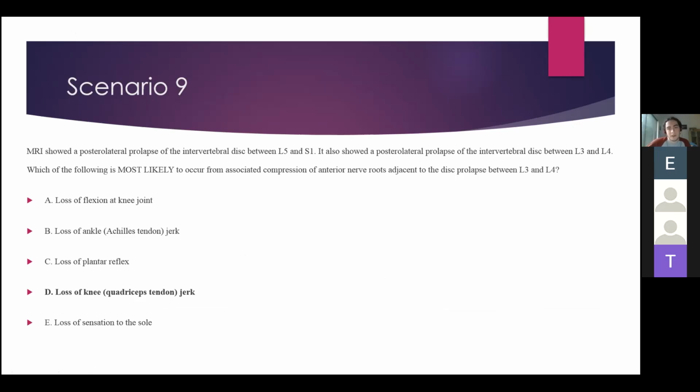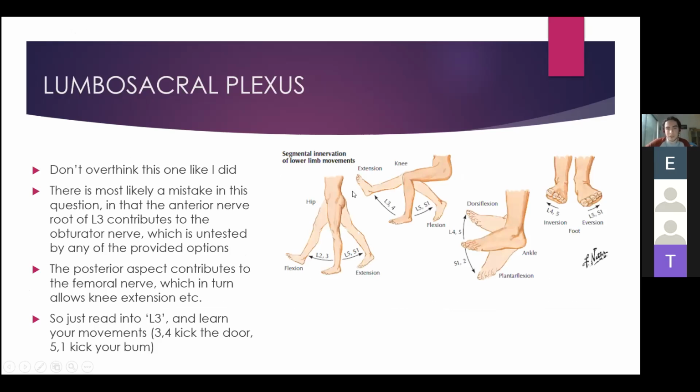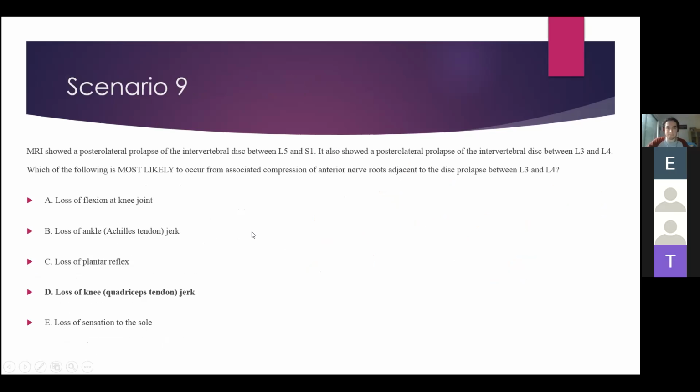So this one, again, is your lumbosacral plexus and your myotomes. When I was trying to do it, I spent way too long on it, and tried to go into all the nerve root anatomy and ended up confusing myself. I think they basically just want you to say it's an L3 injury, and so they're going to lose their quadriceps, their knee jerk.